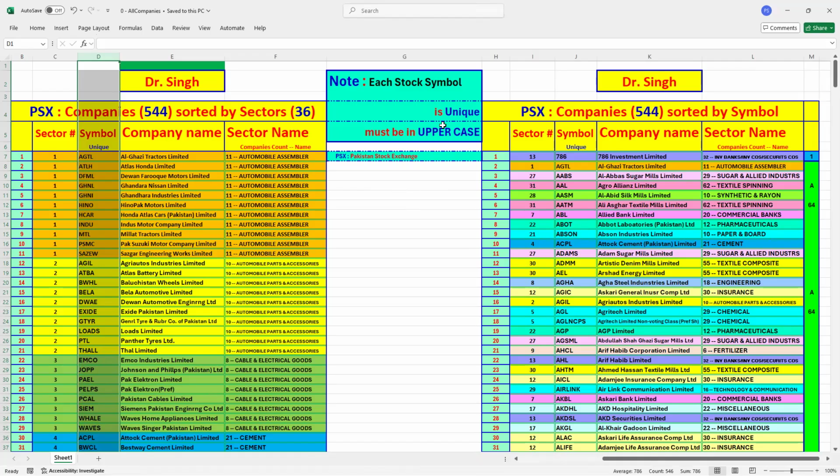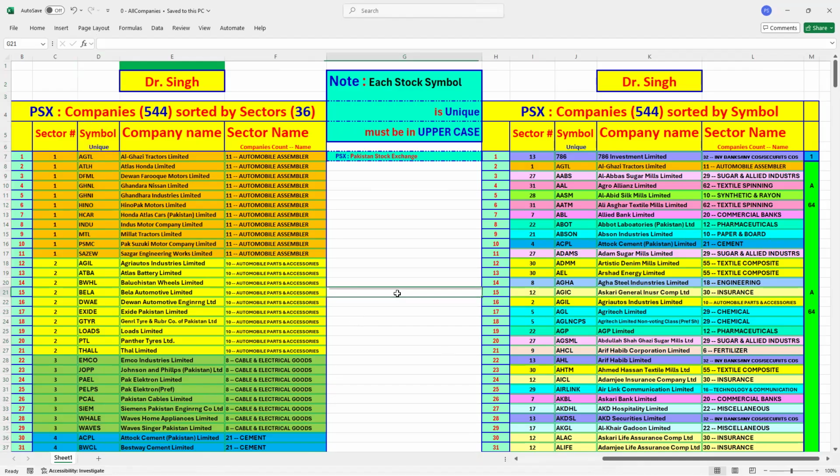Second is that each symbol must be in uppercase. That's the rule, that's the law. If you do not follow the law, the system, which is the PSX, will not recognize the company. So if you look on the left side over here, the entire column, every letter is in uppercase, or in capital letters. That's the rule.